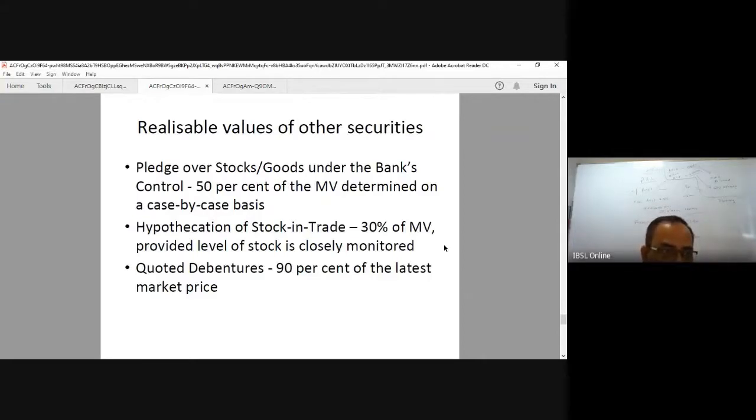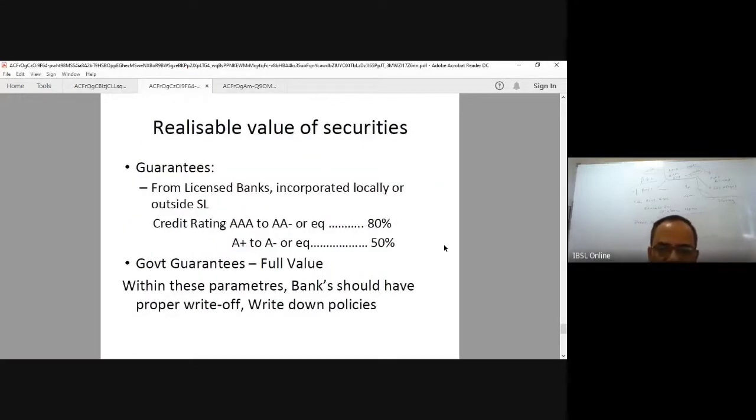Let us say DFCC Bank issued some debentures, and the customer has debentures worth about 10 million, and he has come and given them, and you keep those debentures in a joint account in the names of the customer as well as the bank, and that is the security. If that is the security, then 90% of the latest market price of the particular debentures can be taken as realizable value for these calculations.